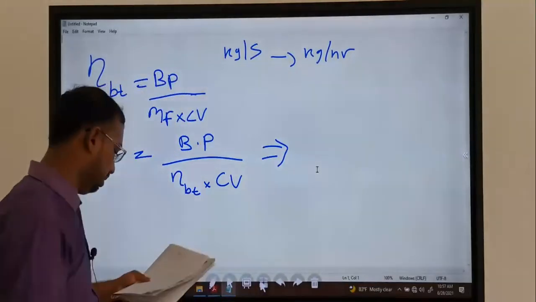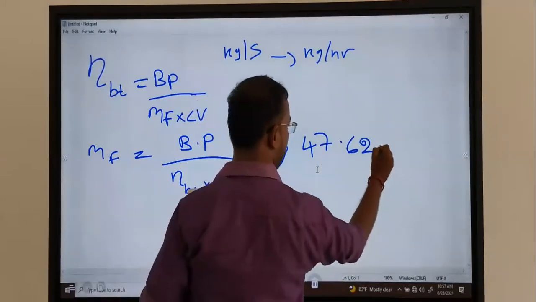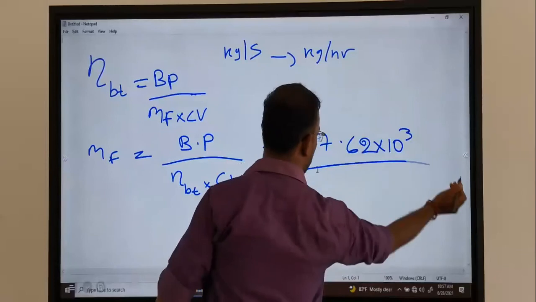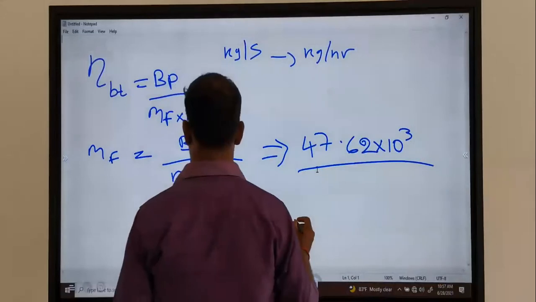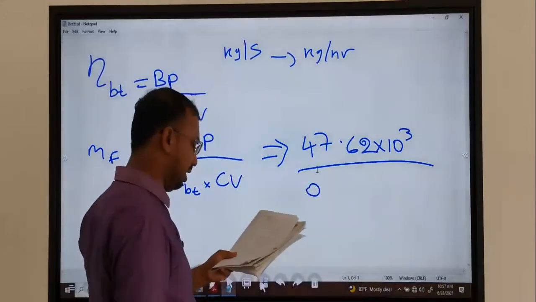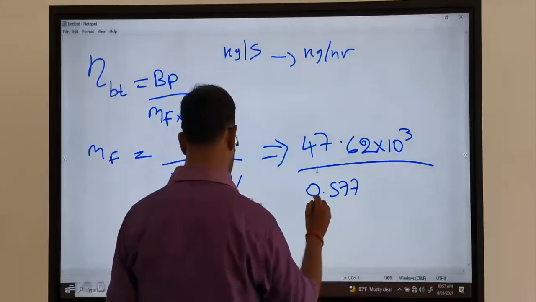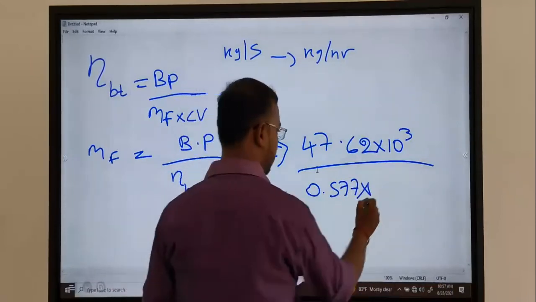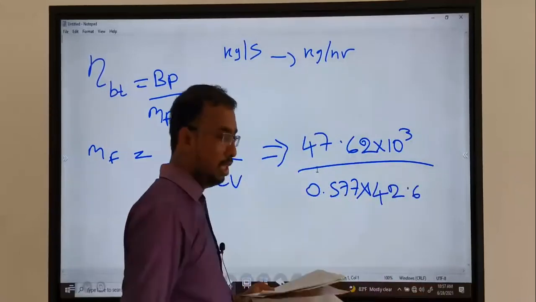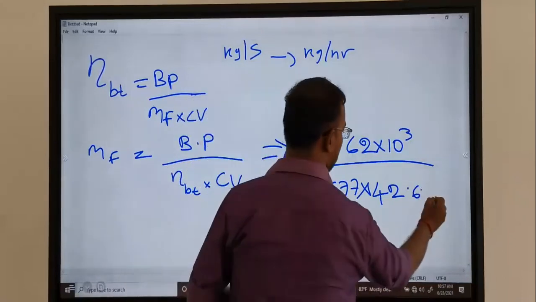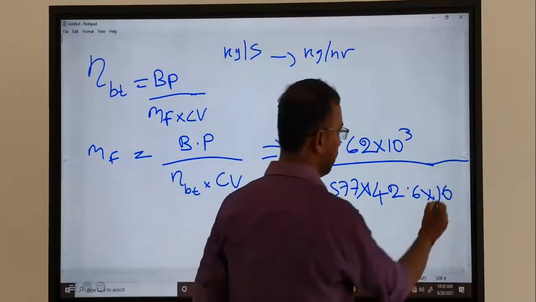Now we apply brake power 47.62 into 10 to the 3 for watts. Thermal efficiency, 57.7 I think, is a percentage, so we put 0.577, into the calorific value we already know, 42.6 megajoule per kilogram. Because of the megajoule, we apply joules here, so 10 to the 6.